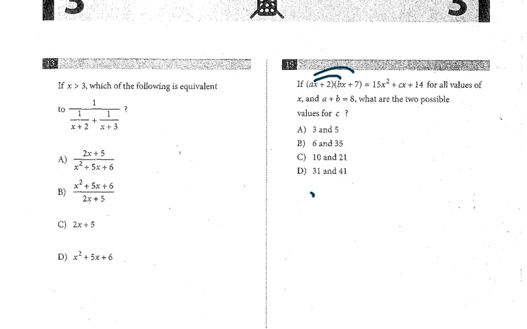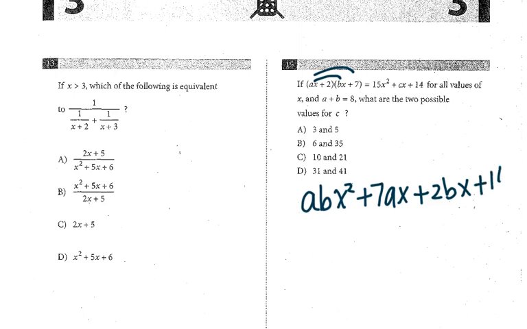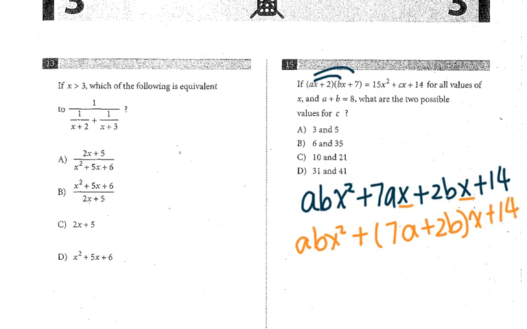You will get abx squared plus 7ax plus 2bx plus 14. Then I organize, I will get abx squared plus, taking x out, 7a plus 2b times x plus 14. Then just check the coefficient for x squared, that's ab.